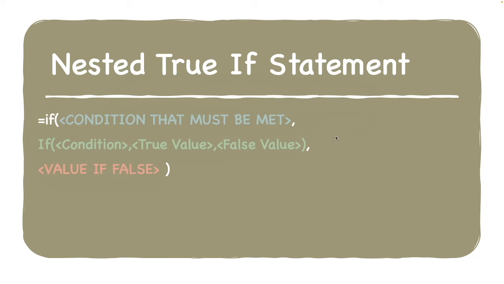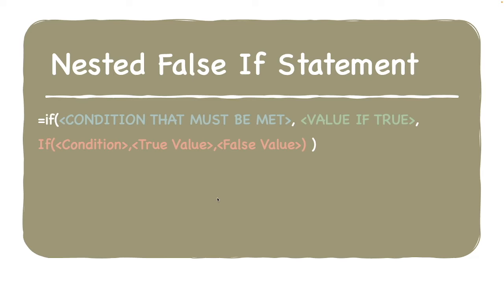So oftentimes it all gets jumbled together, but visually you should see that this is a standalone if statement within an if statement. So be mindful of your parentheses and that you still have your commas where they're supposed to be.